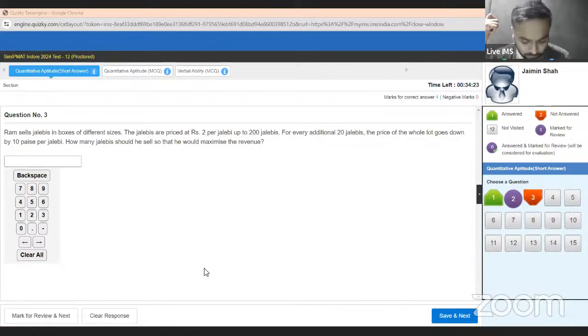What I can see here is that it's basically a function where one value is decreasing.